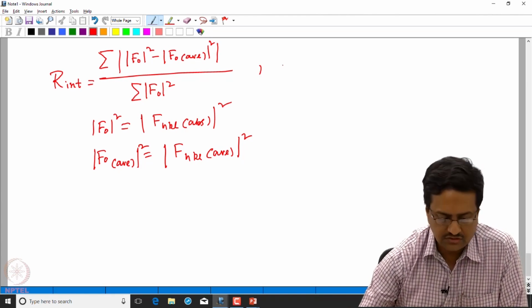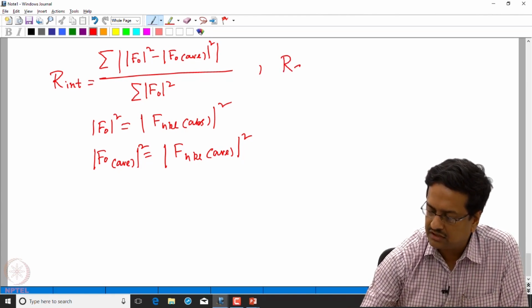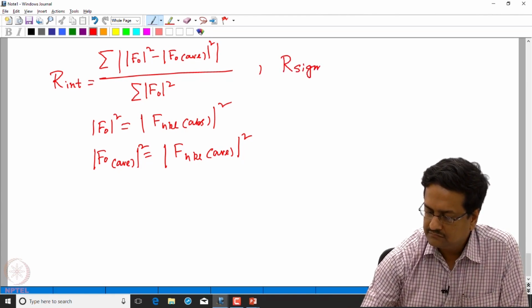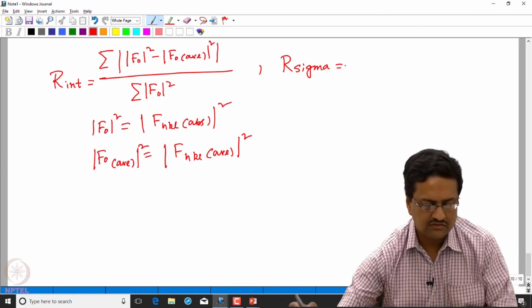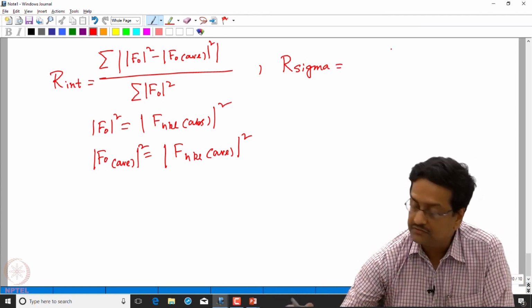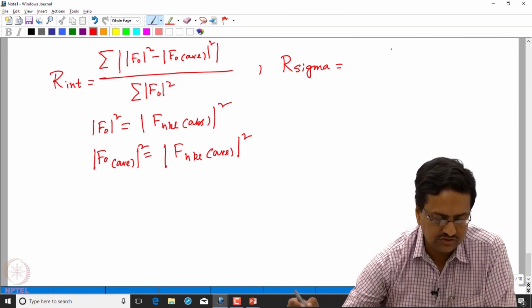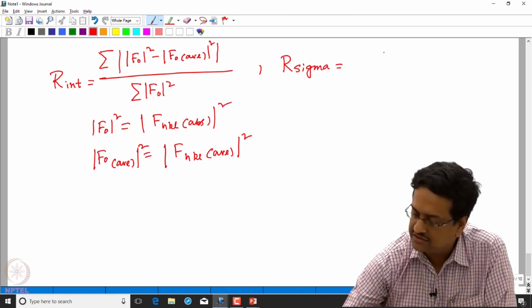And we also calculate another quantity called R sigma, which also is related to this observed structure factor amplitude square, that means the intensity.